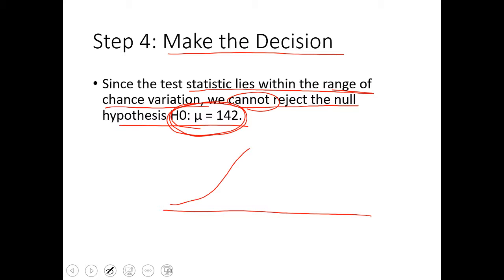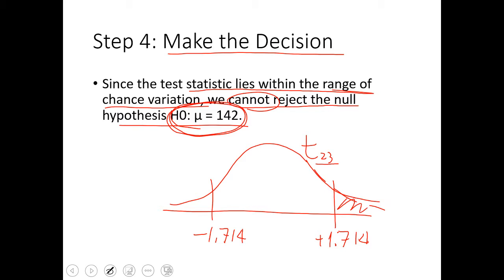Again, here is the t distribution with degrees of freedom 23. If our degrees of freedom is 23, then minus 1.714 and plus 1.714 cover that 5% right tail and 5% left tail.